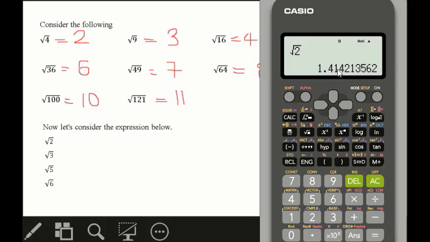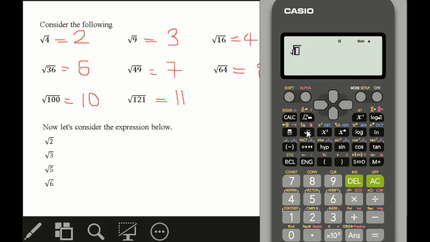The decimal part is not recurring, and at the same time it is not terminating. Here you can only see it terminated because the calculator cannot show more than 10 decimal places, so these decimal numbers have been truncated. So it goes to infinity.